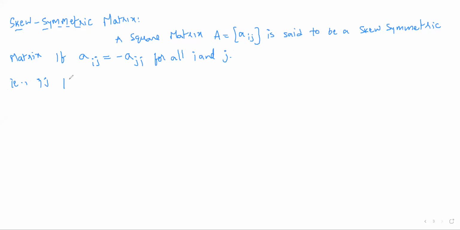That is, the ijth element in a matrix is equal to the opposite sign of the jith element of the same matrix.